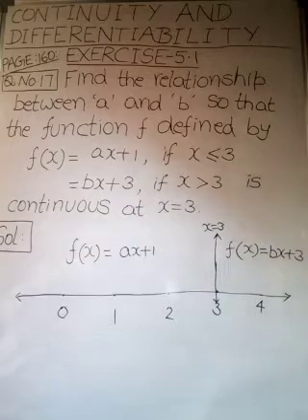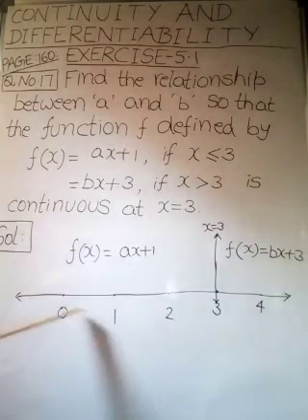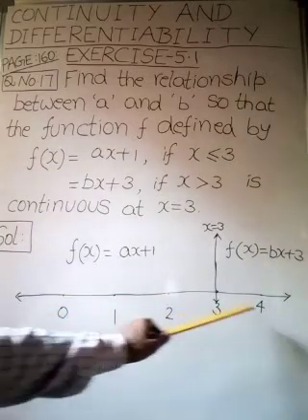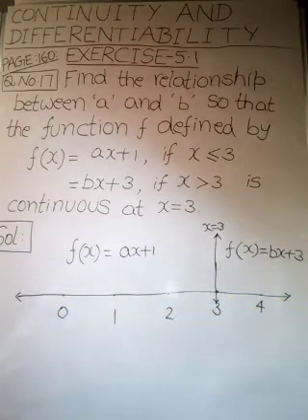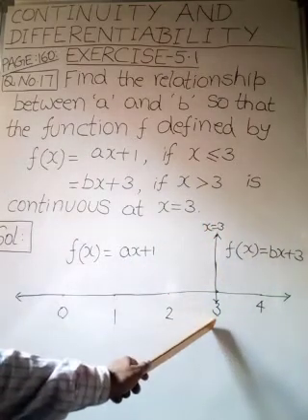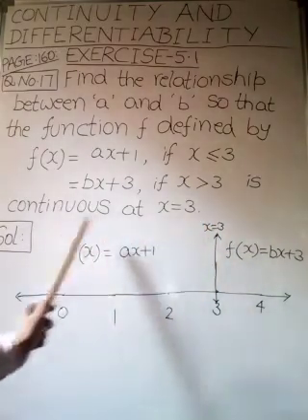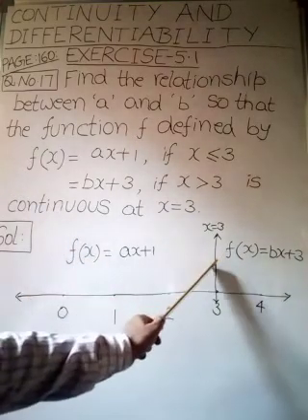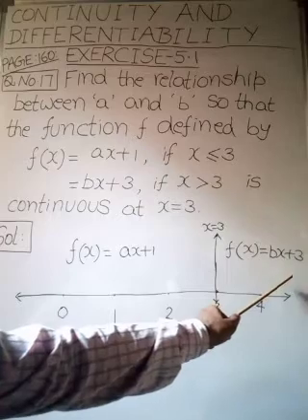Right. Now I am giving the pictorial representation of the given function on the number line. See here on the number line 0, 1, 2, 3, 4. At x is equal to 3 I have drawn a line. x less than 3 means left side of this line. x greater than 3 means right side of this line.